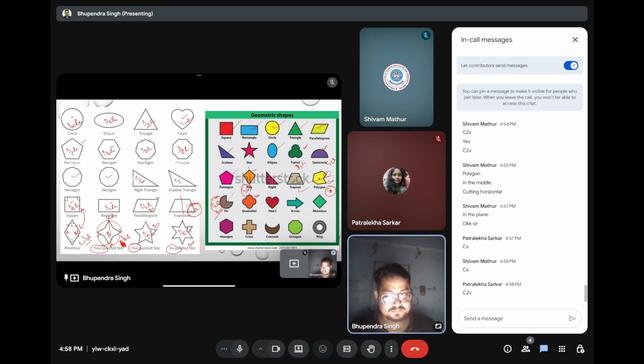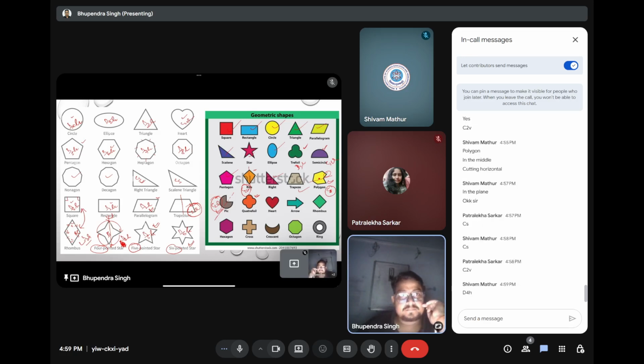Okay, point group of this quadrifoil. D4H. Yes, it is D4H. We have done this.